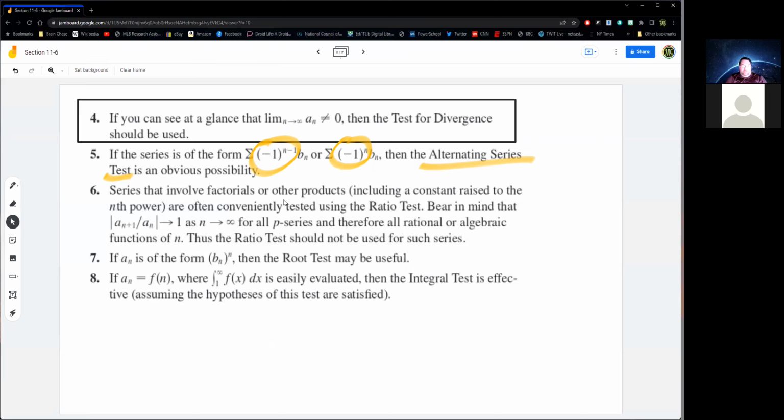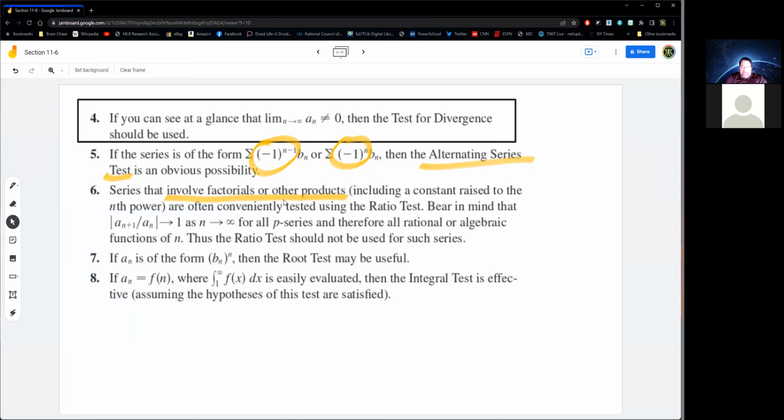The ratio test works really well anytime you have factorials or some product or things that are multiplied together. So that right there is going to be really good for your ratio test.